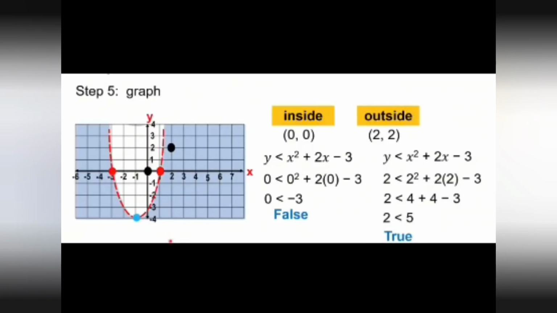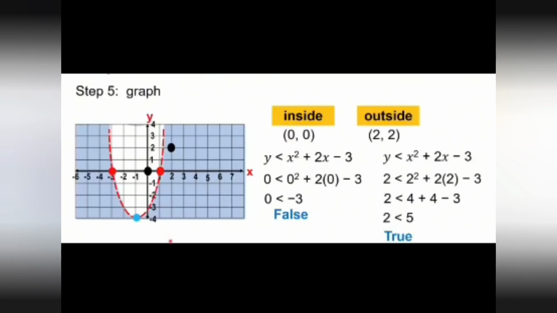After that, let's move on to the outside. Remember, you can choose any coordinates as long as they are outside. In this case, we use the coordinate 2, 2. Same as with 0, just substitute the given. The result is 2 less than 2 squared plus 2 times 2 minus 3.